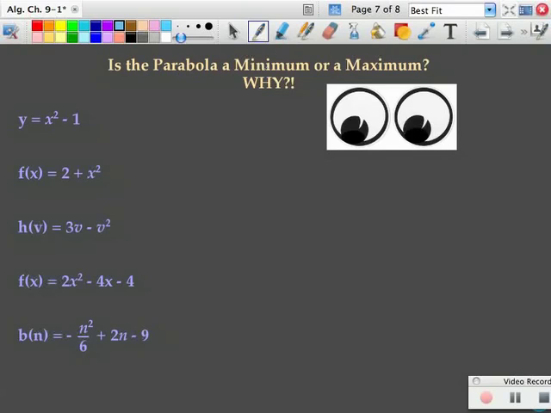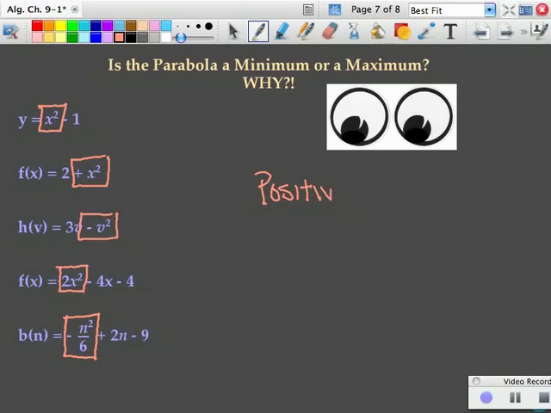Well, all we're looking at is the x squared term and its coefficient right here. So you're only paying attention to your x squared, or in this case v squared and n squared. Those are the only terms you are looking at. So positive x squared means minimum. Negative x squared means maximum.